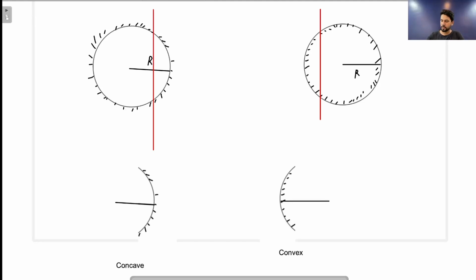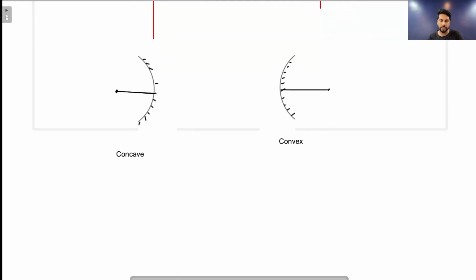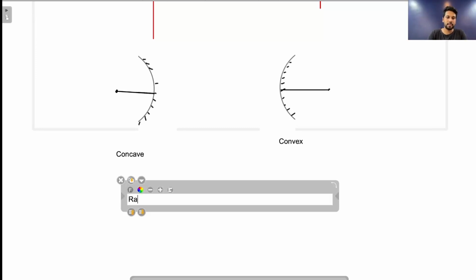Now students, this radius inside the sphere is called the radius, but when you bring the spherical mirror outside the sphere, that radius is called the radius of curvature.